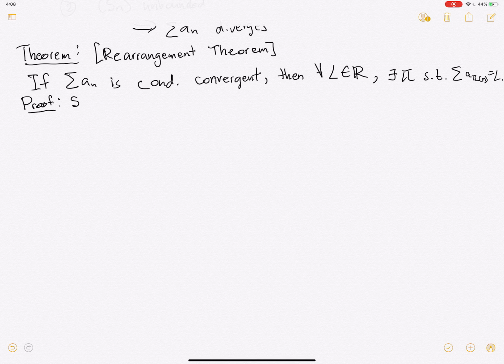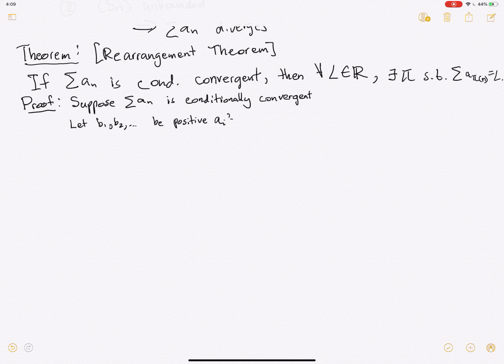So let's start. Suppose that the sum of a_n is conditionally convergent. Let B_1, B_2, and so on be the positive terms, and C_1, C_2, and so on be the negative terms.